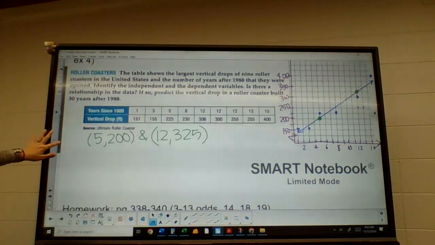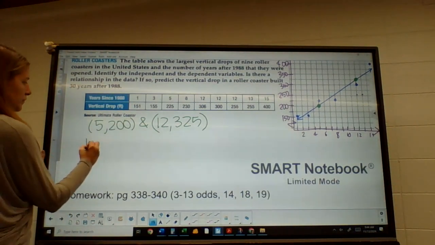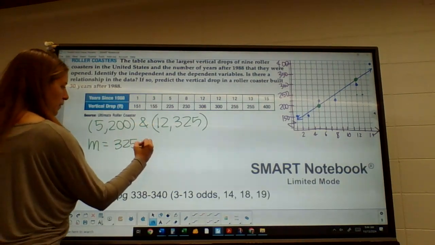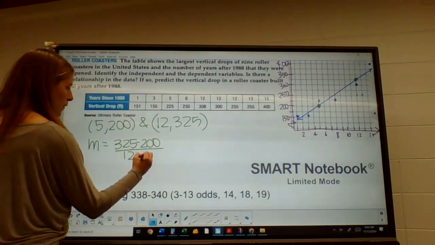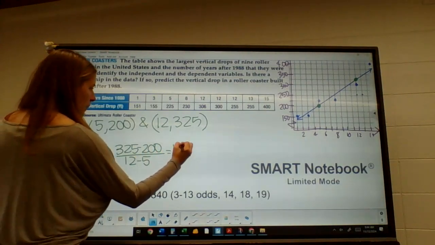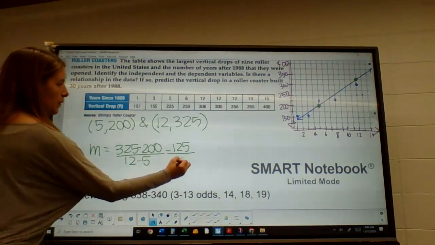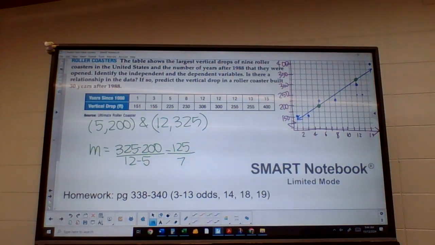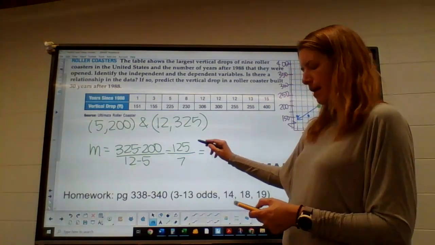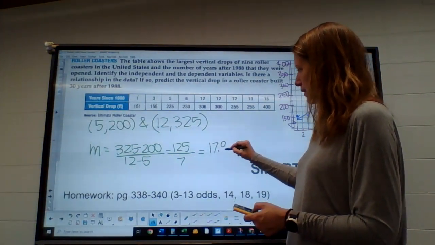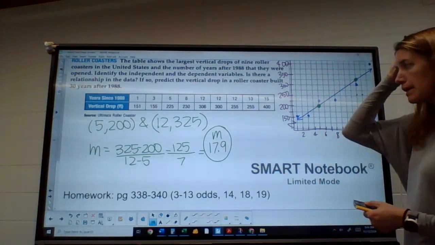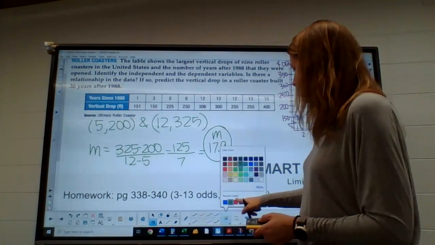So again, we're going to find our line of best fit. My slope ends up not being a very nice number, so I'm going to call it 17.9 when I divide those two. So this is my m. I need to find b. So I'm going to use one of these points to find my b.